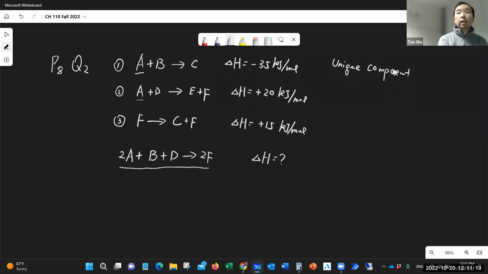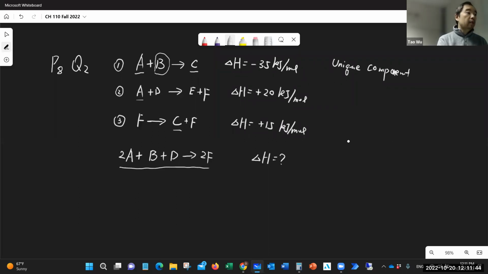C is also not unique because C shows in both 1 and 3. Only B is a unique component for the first equation, because B only shows in the first equation. It doesn't show in 2 or 3, but it shows in the final equation.